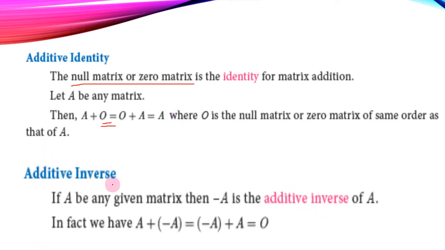Now additive inverse. If A be any given matrix, then minus A is the additive inverse of A. In fact, we have A plus of minus A equal to minus of A plus A equal to 0, right?